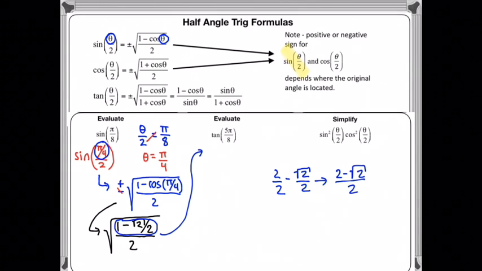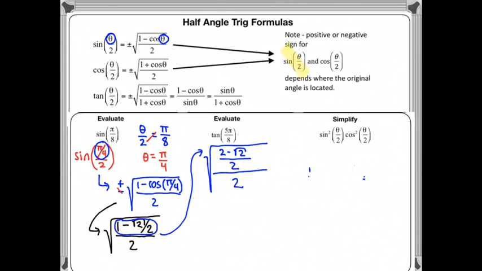So I end up with some yuckiness, but that's part of the deal. I got 2 minus the square root of 2 divided by 2, all over 2. Just to make sure you know where that came from, this part right here is this part combined up, and the denominator is still the same.